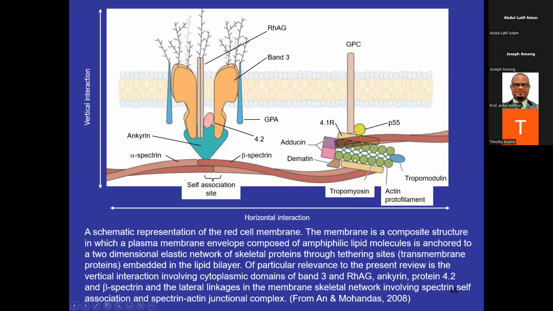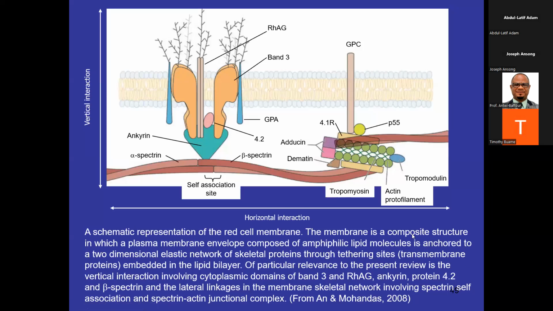All these proteins hold the membrane through the GPC. If this slips off and the GPC drops in, the membrane will change, and the change will cause the cell to assume a different shape.